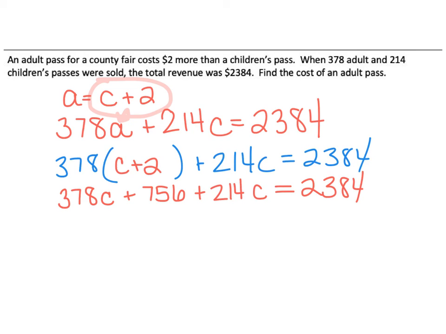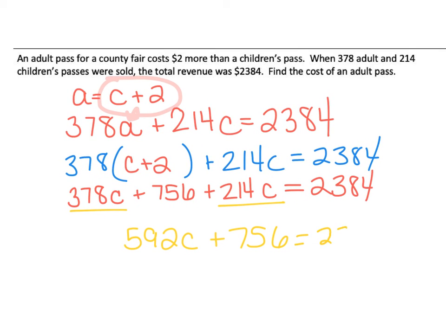And now I'm going to combine my like terms, which would be 592C plus 756 is equal to 2384. Subtract 756 from each side. That produces 1628 on the right, and then I divide both sides by 592 to get C equals 2.75.